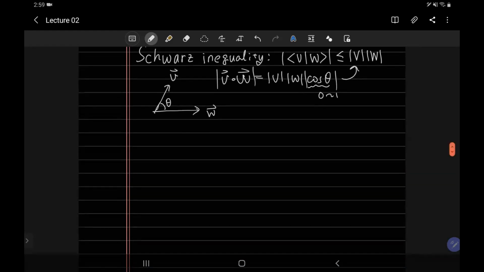So how can we proceed with the proof? We will still use some concepts as shown in this intuitive derivation.